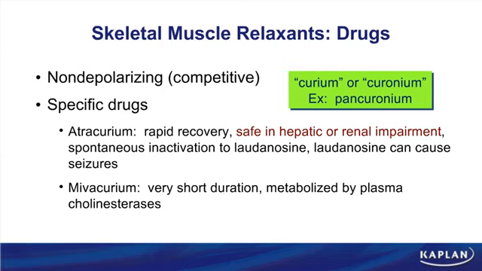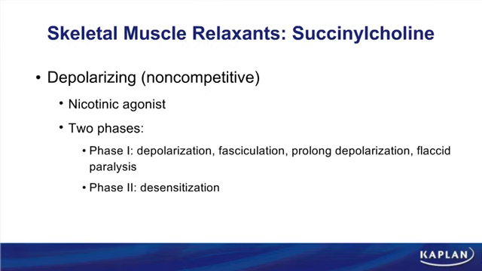Mivacurium is a second example of a drug that has a very short duration because it's metabolized rapidly by plasma cholinesterases. Our other category of skeletal muscle relaxants, depolarizing, non-competitive, nicotinic agonist. It's interesting to even call this a category because it only contains one drug, and that is the drug succinylcholine.